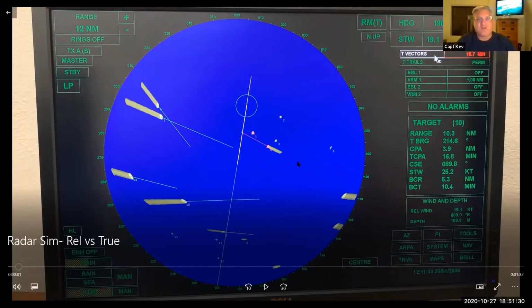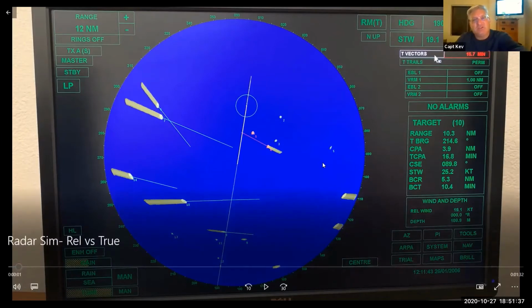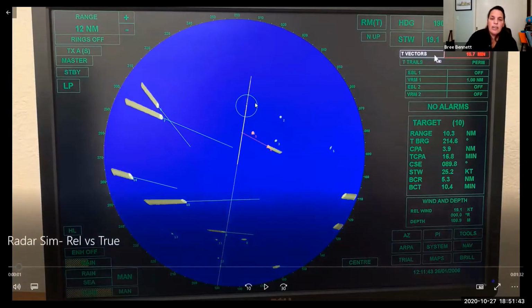So you are the center of the screen. And when you're taking a range, you're going to go just to the very inside edge of that target? Yes. So I should have left this on center. This is actually offset a little bit, just so I could see more targets on the screen.